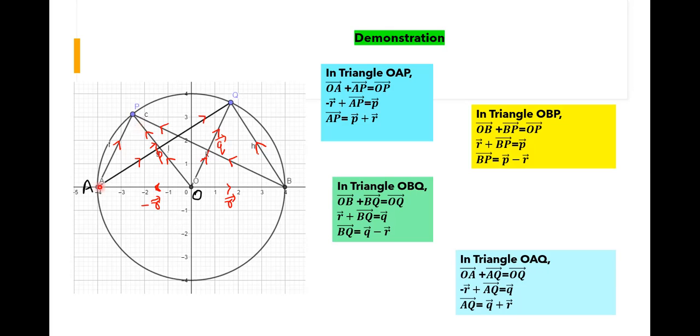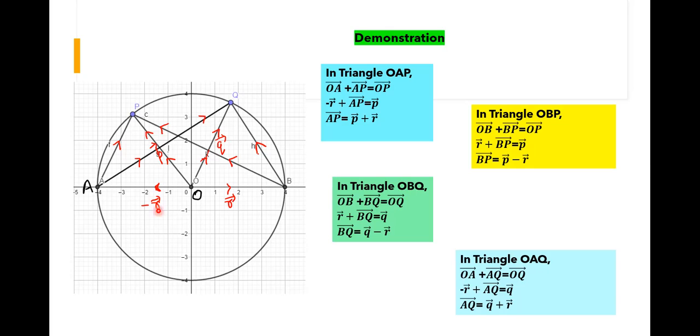Similarly, in the second case, whenever you take AQB triangle, then angle AQB is 90 degrees because this is an angle in the semicircle. These two, APB and AQB, are angles in a semicircle, right?